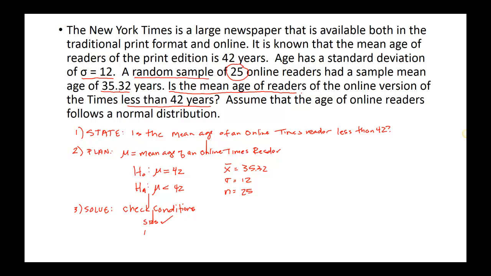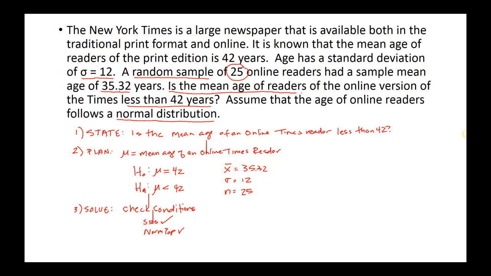The second condition is that our population is normally distributed, and we can sometimes read that in the problem. If they give us the data, we could do a histogram or a stem and leaf plot and check to see if our sample is normally distributed. If the sample is normally distributed, then the population would also be normally distributed. In this case, they don't give us the data, but they do tell us that we have a normal distribution, so check.